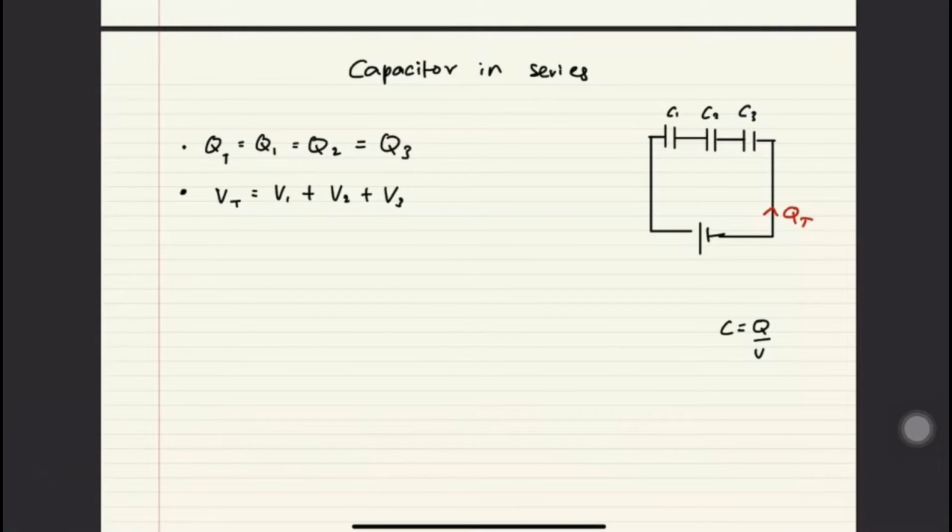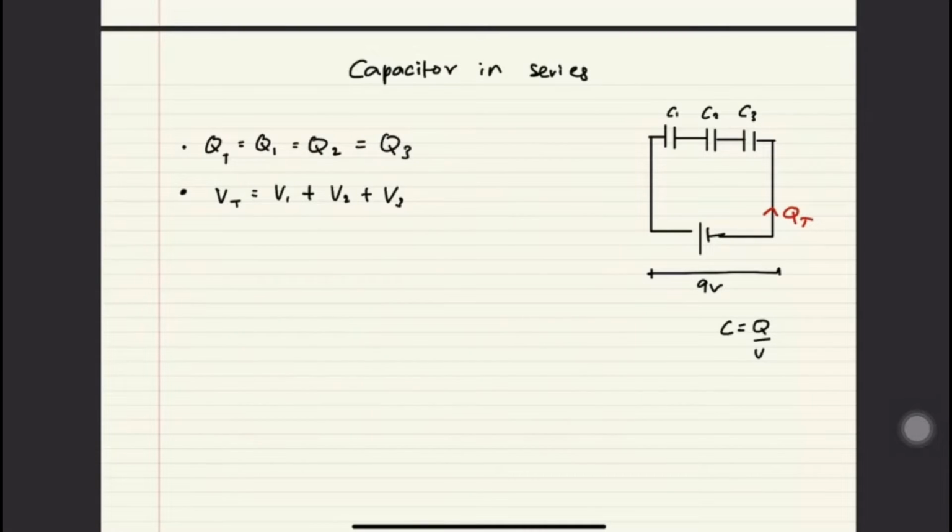Okay, kalau voltage pula, dia sentiasa terbalik dengan charge. So kalau charge tu sama, voltage tu dia jadi tambah, dia terbalik. Okay. Kalau kamu nak fikir logik dia, contoh logik dia, katakanlah dekat sini adalah 9 volt.